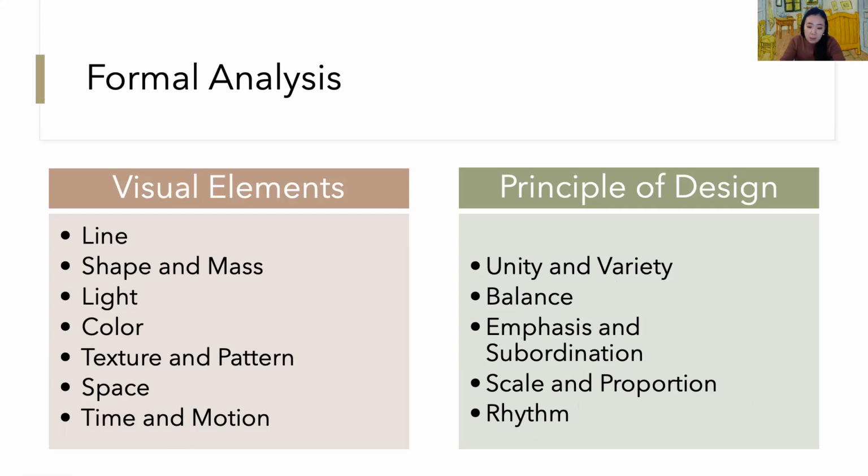To organize the visual elements, artists use the principles of design. So a work of art is therefore a product of the dynamic interrelationships between the various art elements and principles.